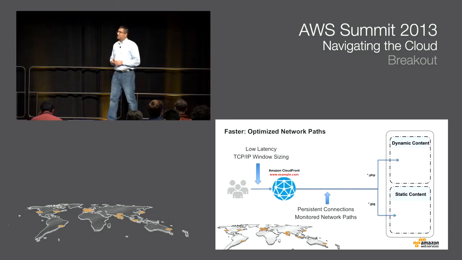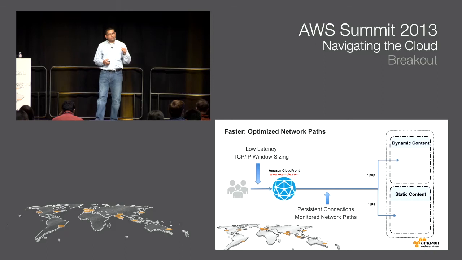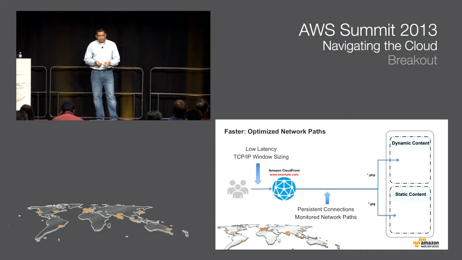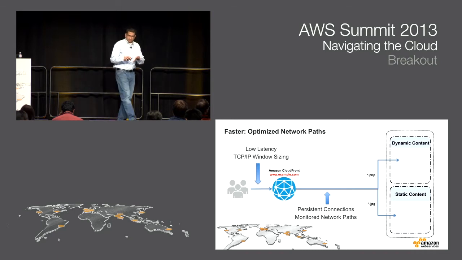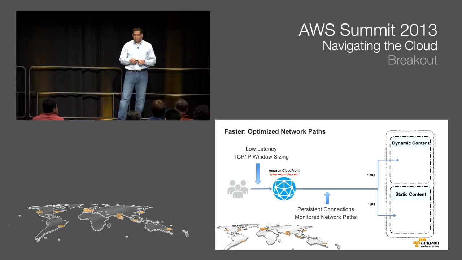Specifically around optimized network paths, what we've done is focused on both the path from the end user to the CloudFront edge location, as well as the path from the edge location to the origin servers. This is just a trimmed down version of the architecture diagram that you saw earlier.